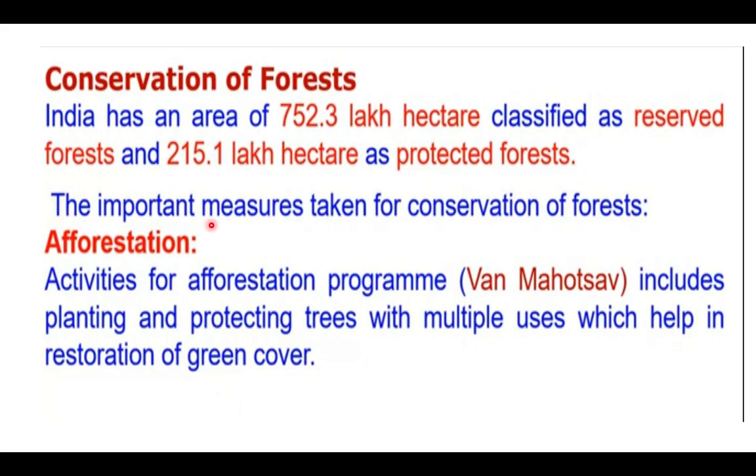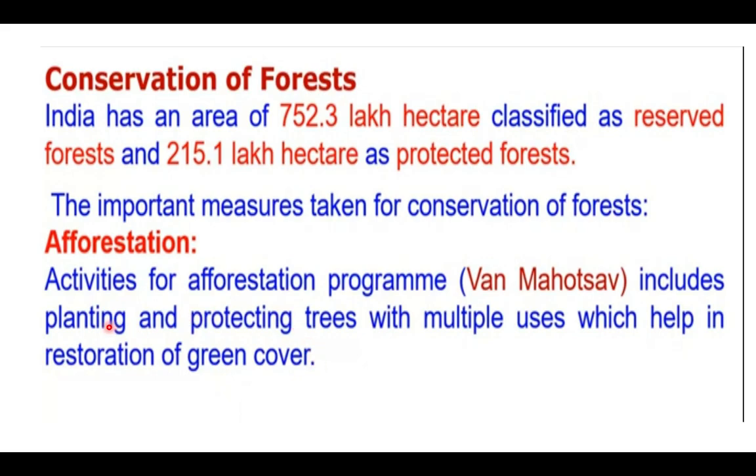The important measure taken for conserving the forest is what? Afforestation. That means planting the trees. Activities for the afforestation program is Van Mahotsav. So what's the afforestation program? Van Mahotsav. Van Mahotsav means the planting of trees. Van Mahotsav, which include planting and protecting the trees with multiple uses with the help of restoration of green cover.